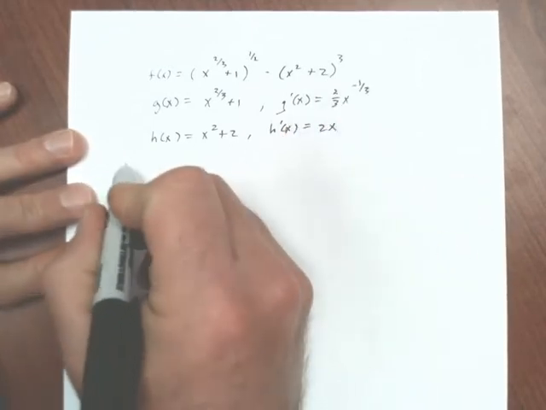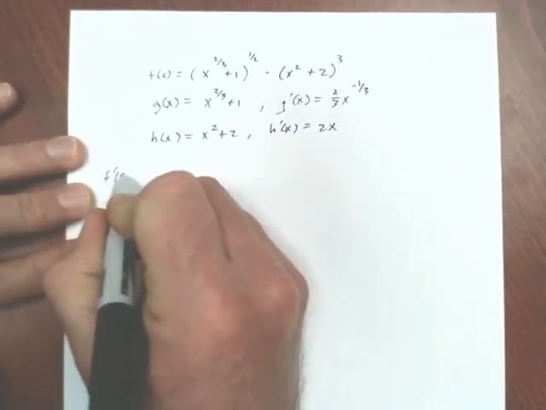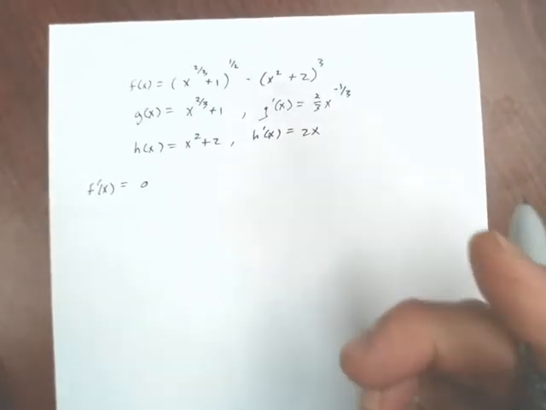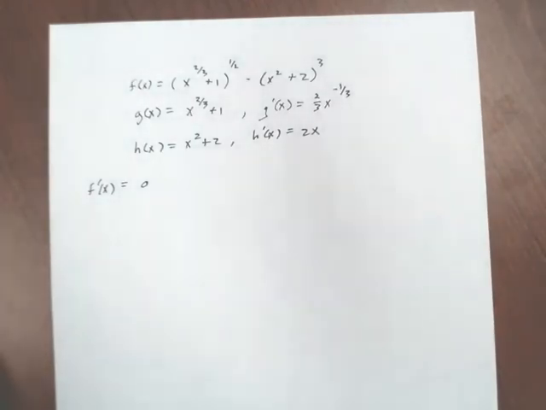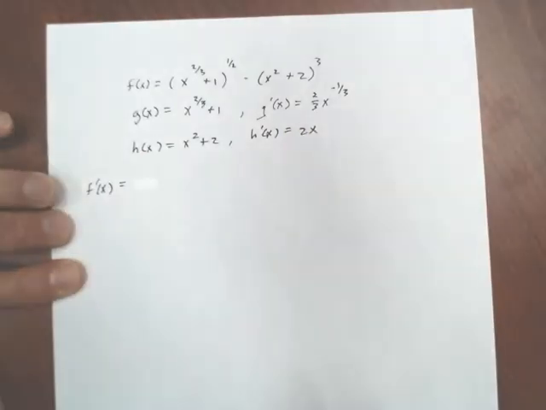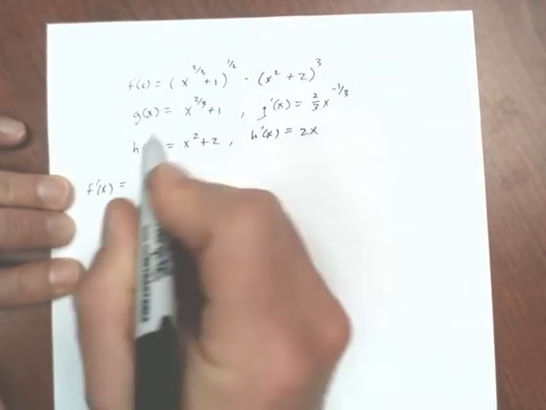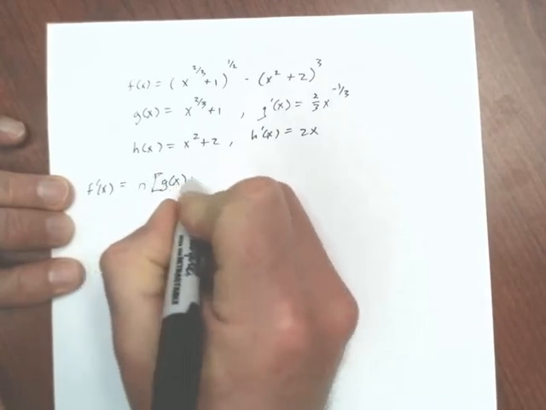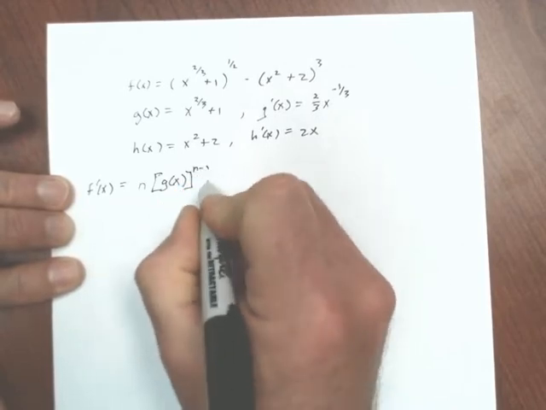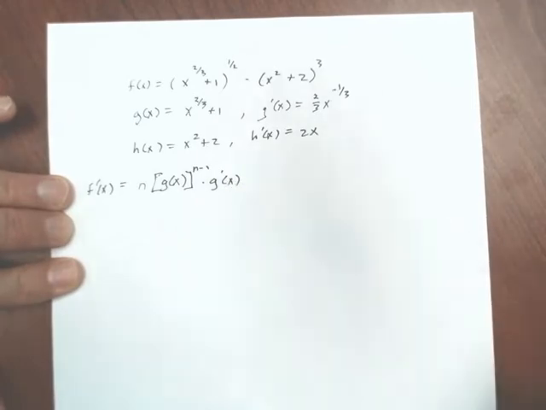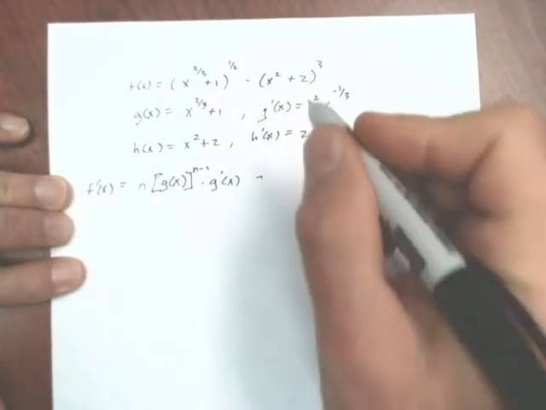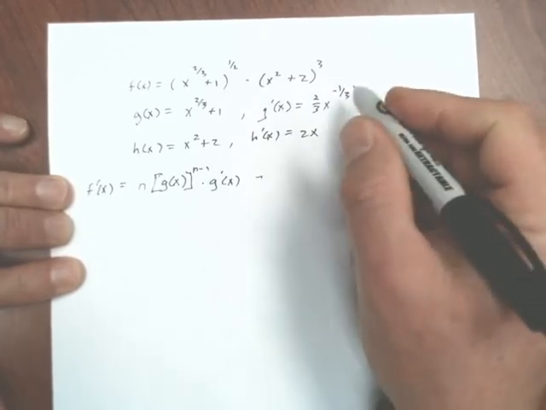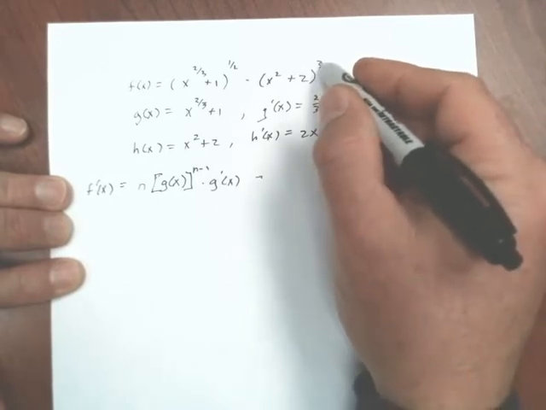So what this is going to look like then is f prime of x equals, since we're using g of x here, n times g of x to the n minus 1 times g prime of x, minus, and we're using h here, so it would be minus, and we'll call this exponent k.